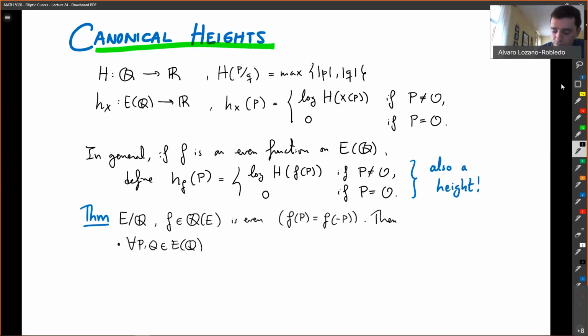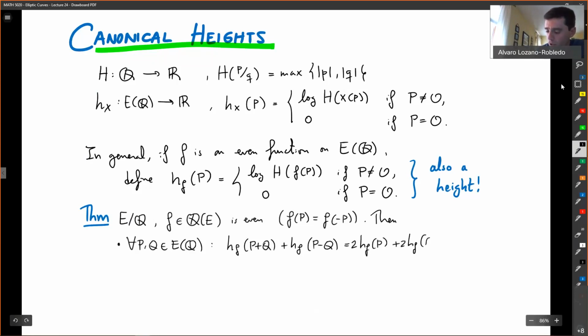we have that the height of P plus Q plus the height of P minus Q equals twice the height of P plus twice the height of Q plus a constant, which is O of 1. This is just a constant that depends only on E and f.